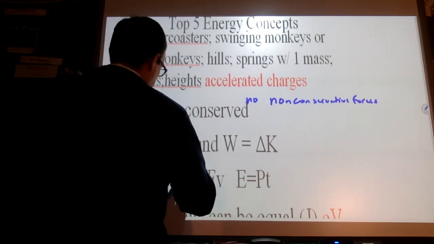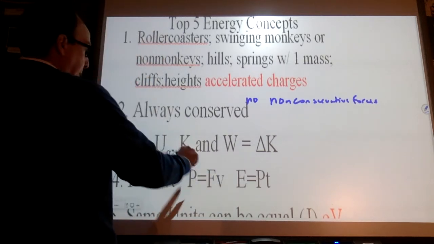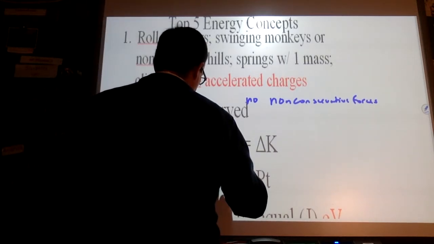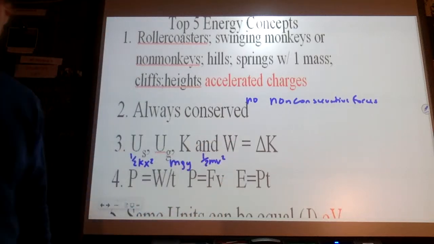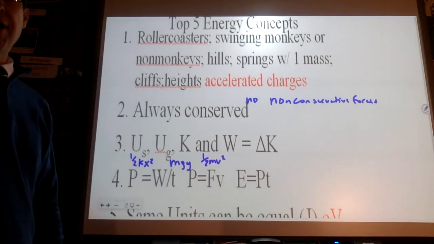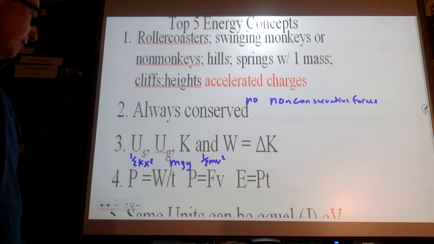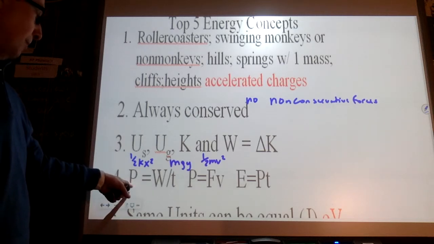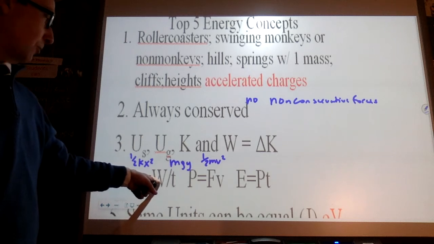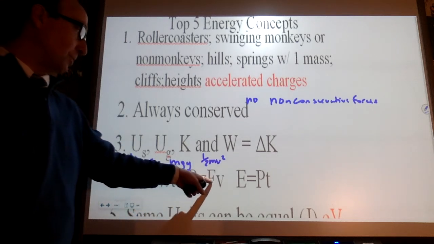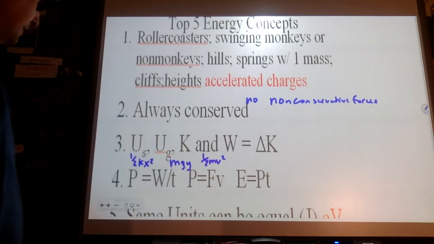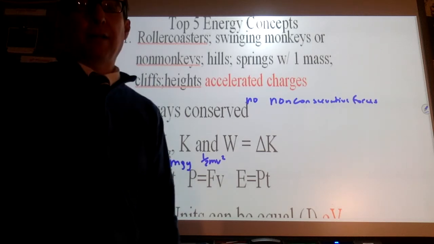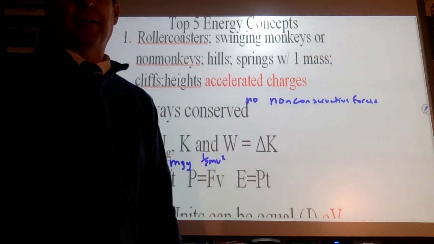Potential energy of position, which is mgy. Kinetic energy, that's 1/2 mv squared. We also have the work energy theorem. So if there are non-conservative forces, we can find out how much work is taken out of our system. We have our power, which is our work divided by time, and it can also be equal to an average force times a constant velocity or an average velocity.